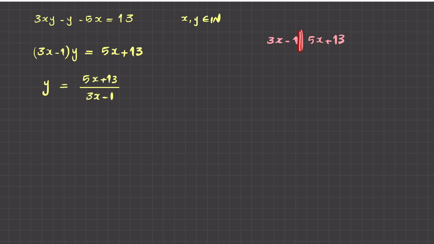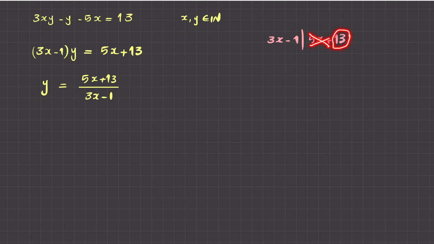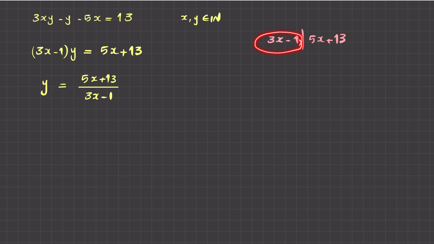If I want to succeed to solve the problem, the ideal scenario is that I have something that depends on x on the left, but I have just one constant number on the right. For example, let us assume that 5x was not there. Then, if this is just a fixed number, I can guess what x can be, because 13 is supposed to be divisible by 3x minus 1.